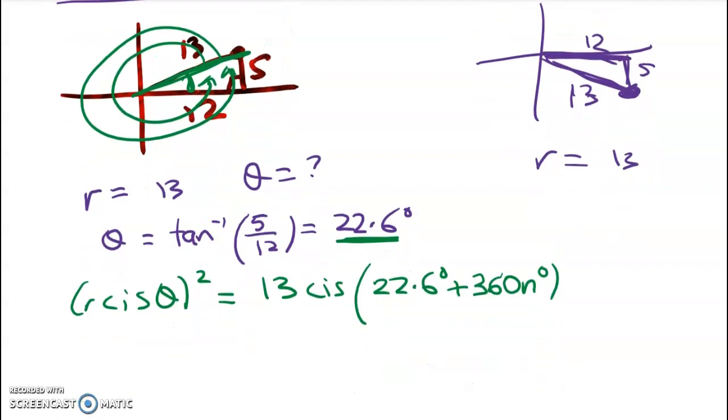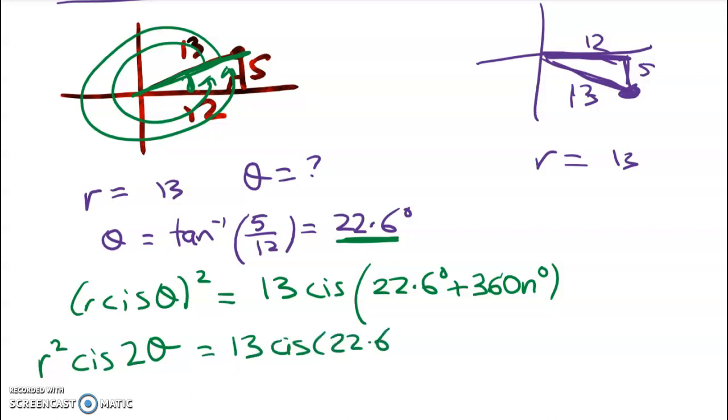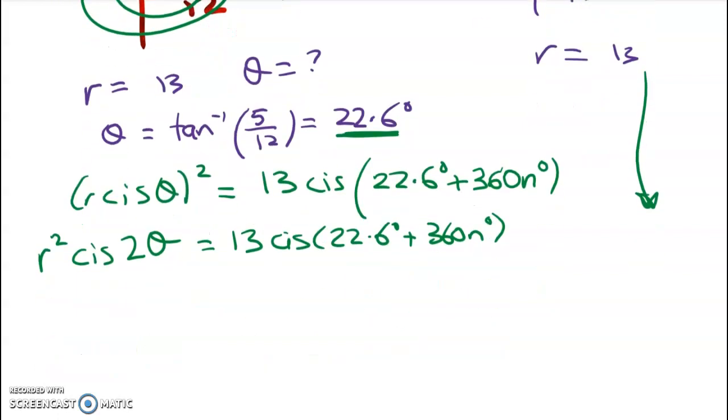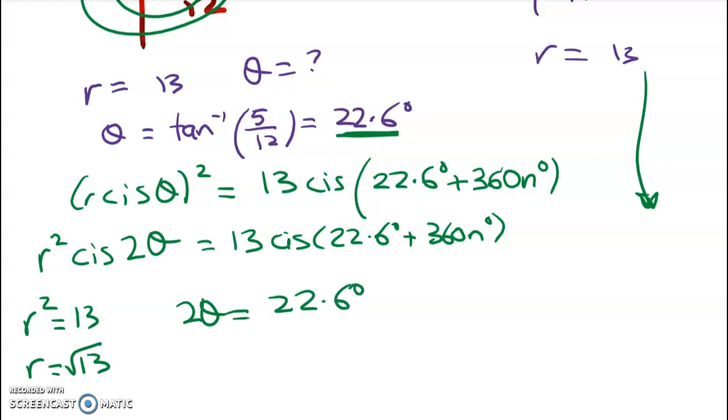Okay, now expanding that, we get, by de Moivre's theorem, r squared cis 2 theta is equal to 13 cis 22.6 degrees plus 360 n degrees. I'll do this one in a minute. That gives me r squared is equal to 13, so r is equal to root 13. 2 theta is equal to 22.6 degrees plus 360 n degrees.